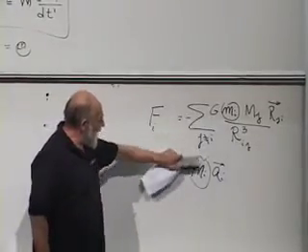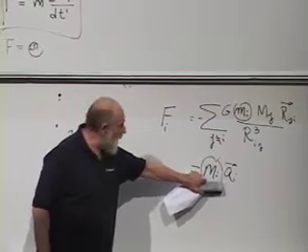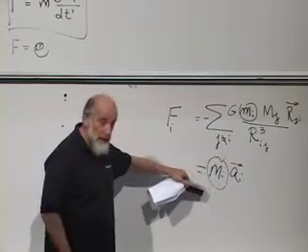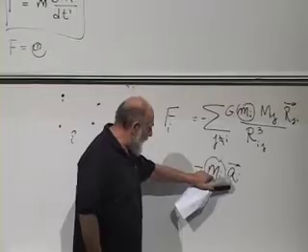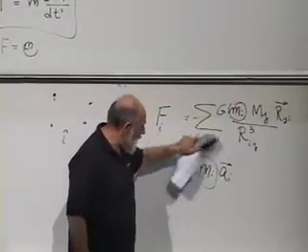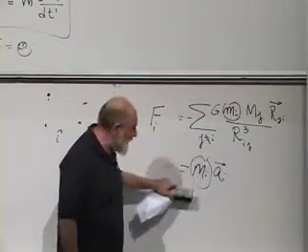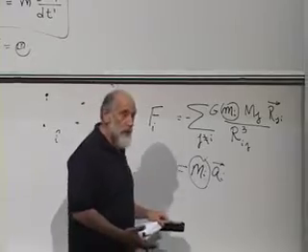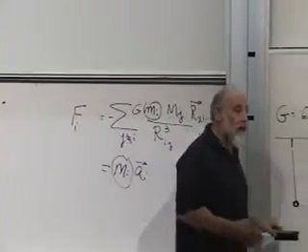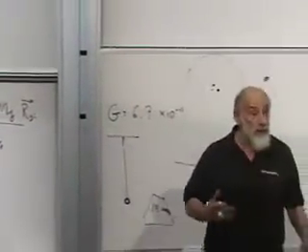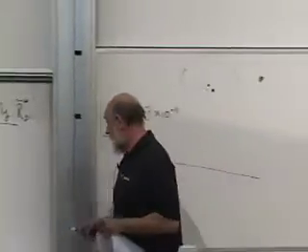We notice that the acceleration of the ith particle does not depend on its mass. Because the mass occurs on both sides of the equation, it can be canceled out, and the motion of the ith particle does not depend on its own mass. It depends on the masses of all the other ones.